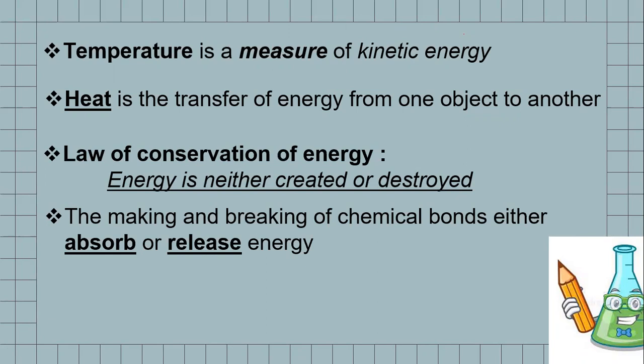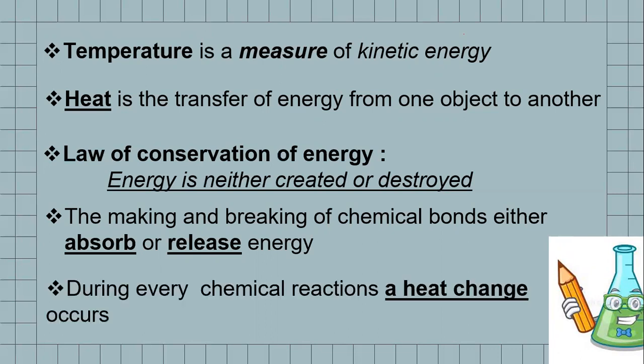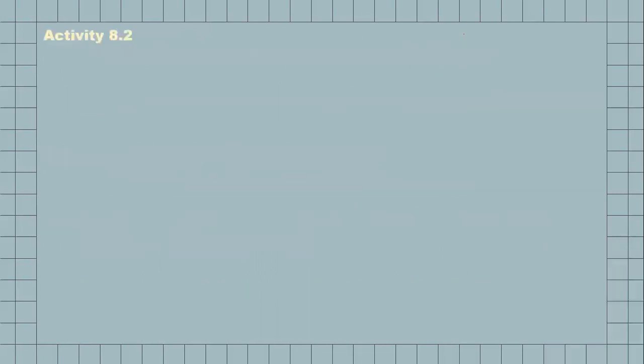During a chemical reaction, as I told you earlier, the making and breaking of chemical bonds either absorbs or releases energy. So during every chemical reaction, a heat change occurs. To learn further about heat change, let's do another activity.